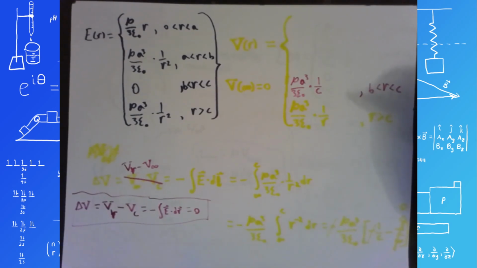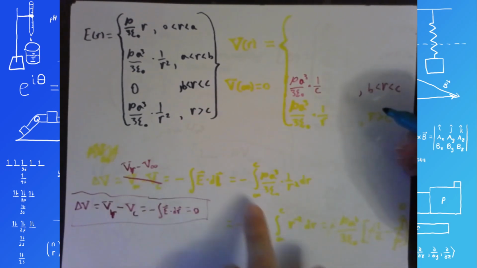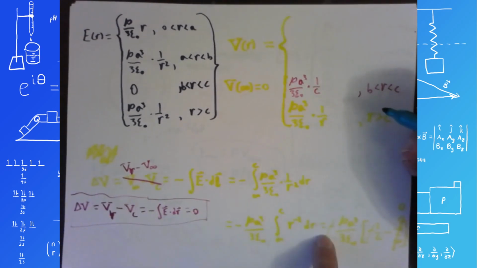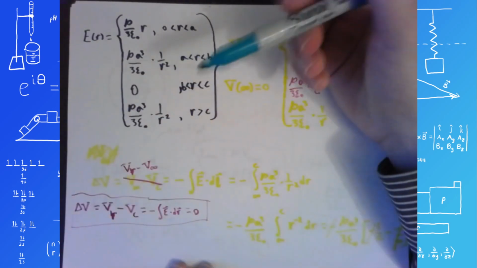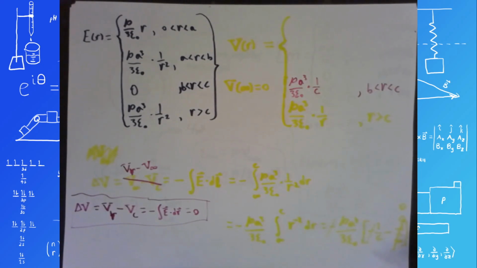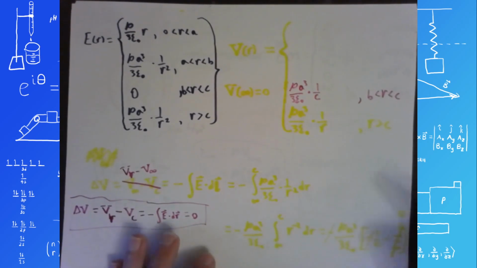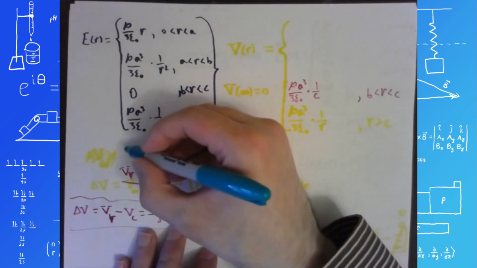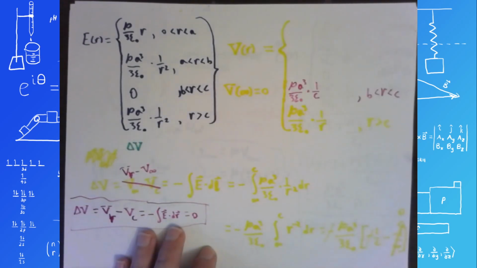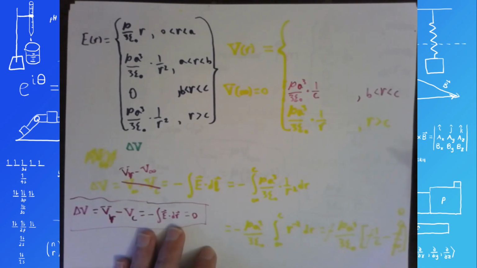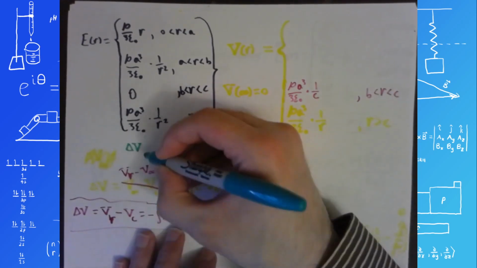But actually, I'm going to have the same integral that I did for the outermost region because the electric field takes on the same form. So the only thing that really needs to change is the delta V part. So maybe I can fit it in up here actually. So delta V now is going to be from the inner surface of the outer sphere and then towards the outer surface of the inner sphere.